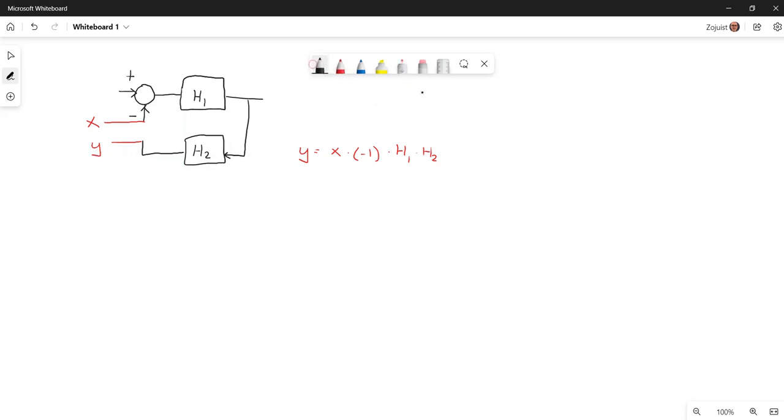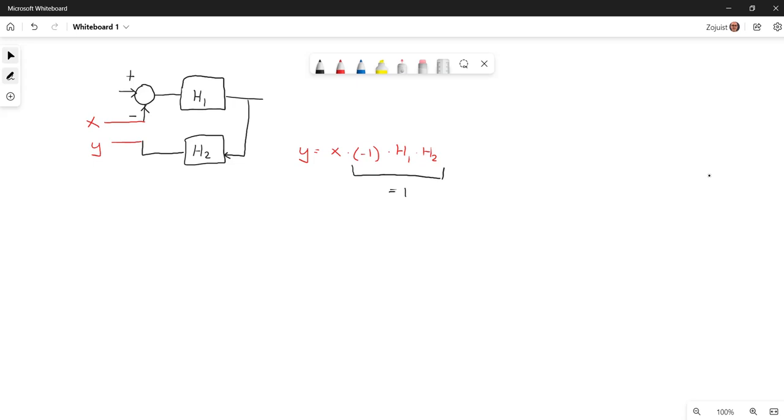Now let's look under which conditions Y is equal to X, or in words, under which condition is that input signal X oscillating in that feedback loop. That is the case when this part of the equation, -1 times H1 times H2, is equal to 1, because in that case Y is X times 1, so Y is X. So when this is 1, then my system is oscillating.